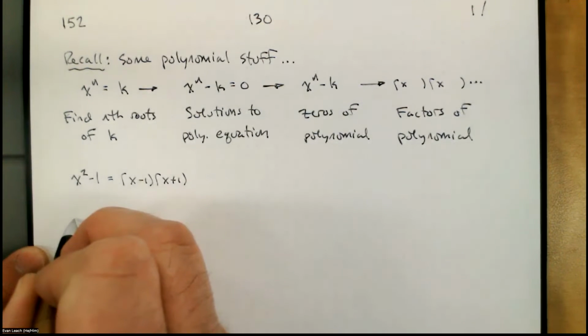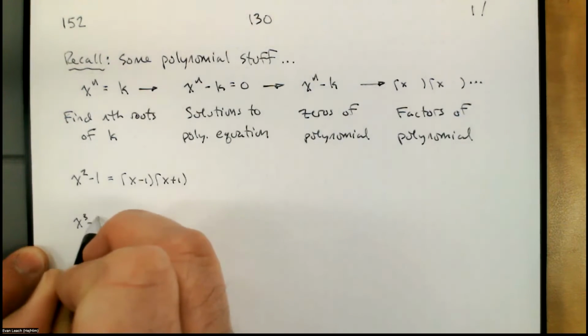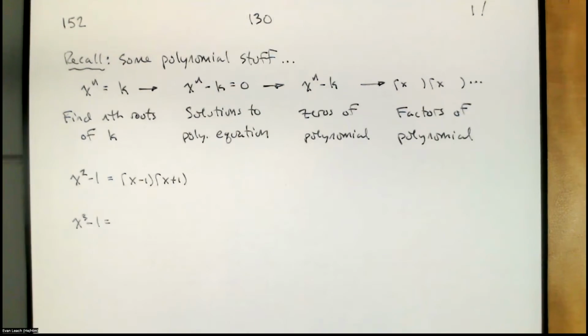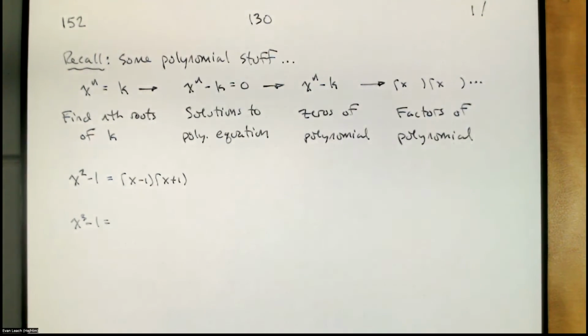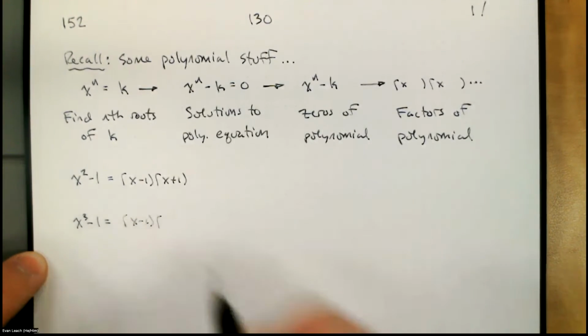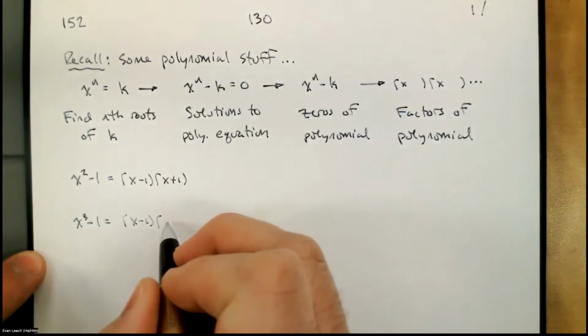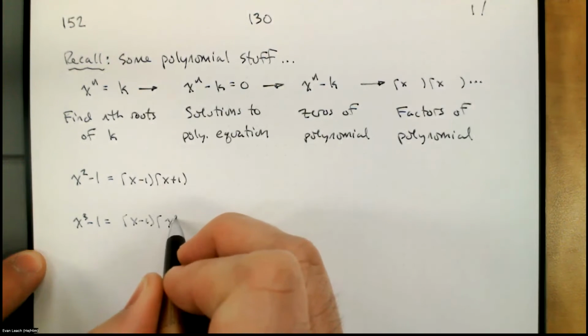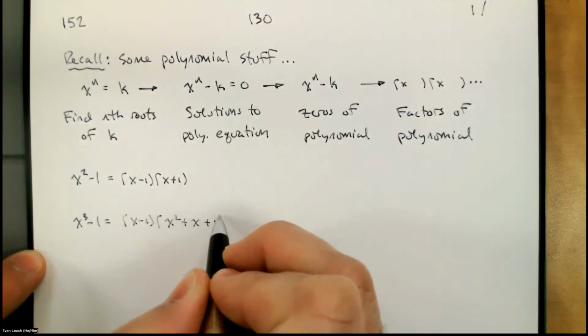We know that x cubed minus 1. We don't always remember this one, but this is factorable as well. It starts off with an x minus 1, but what's left over is x squared plus x plus 1.